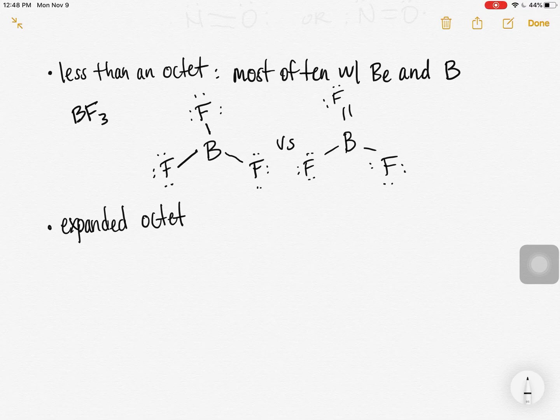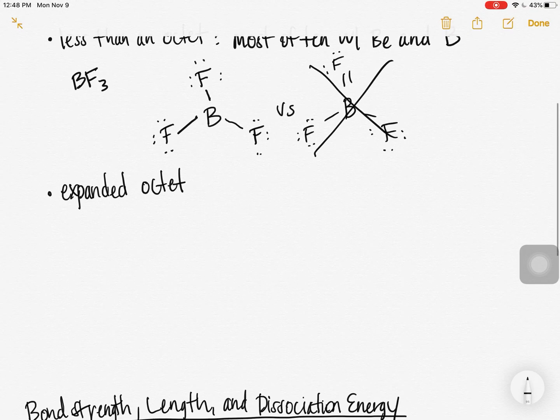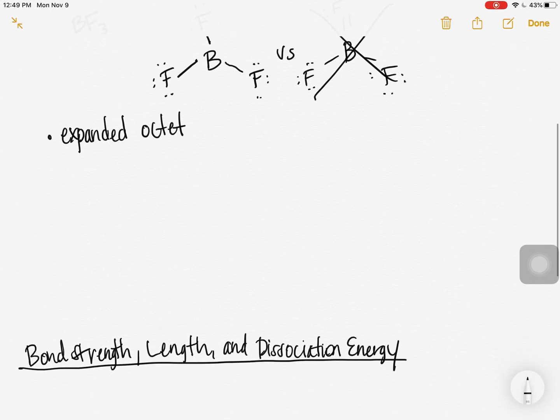And the electrons work out, but this, however, is actually not the correct picture, and that's because of formal charges. Just keep in mind that beryllium and boron will be the ones that violate the octet by going under 8 electrons, and they're stable compounds and they exist. The ultimate reason is that it is based in formal charge, for beryllium and boron having less than 8 valence electrons.